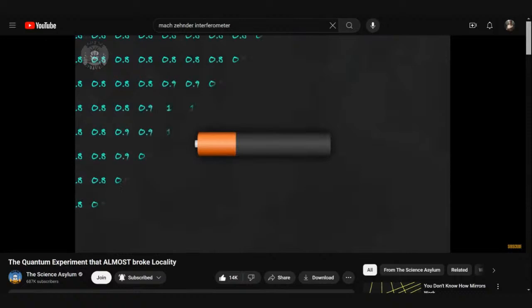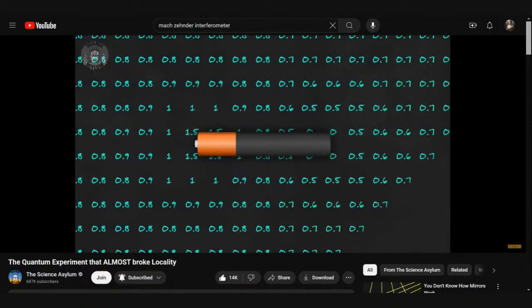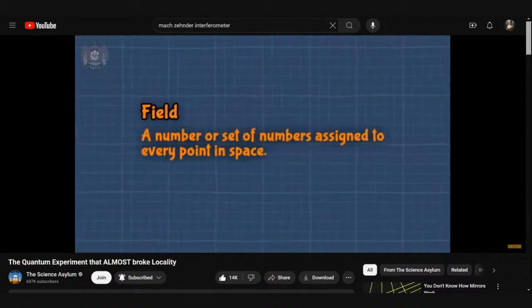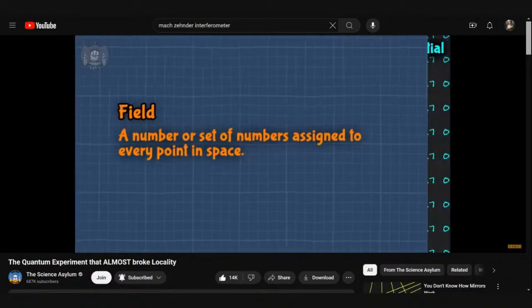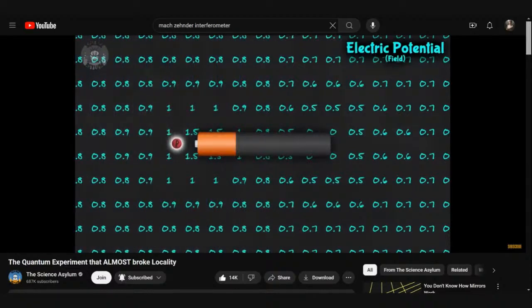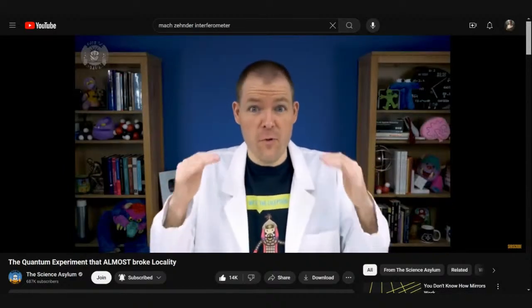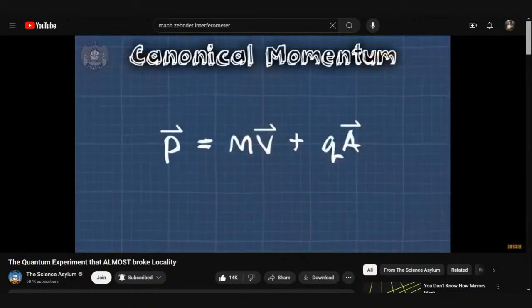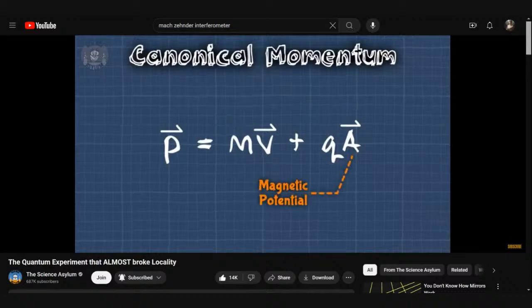This battery assigns a number like that to every point in space. It's something we call the electric potential. And since that number is assigned to every point in space, it's a field, a scalar field. This number tells us the energy that 1 coulomb of charge would receive from the battery at each location in space. However, the solenoid in our experiment doesn't have an electric potential around it. It has a magnetic potential, which fulfills a similar purpose, but for momentum instead of energy. Since momentum is a vector, so is the magnetic potential.